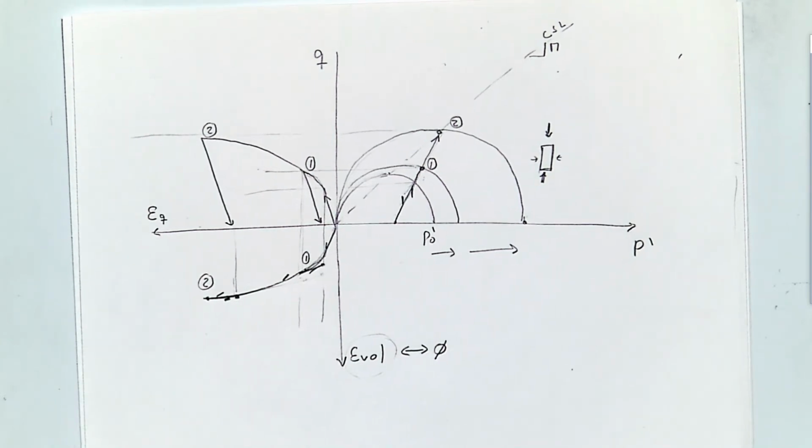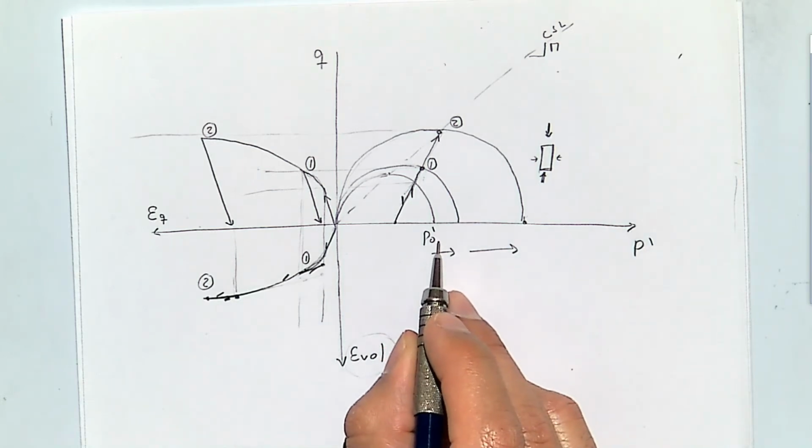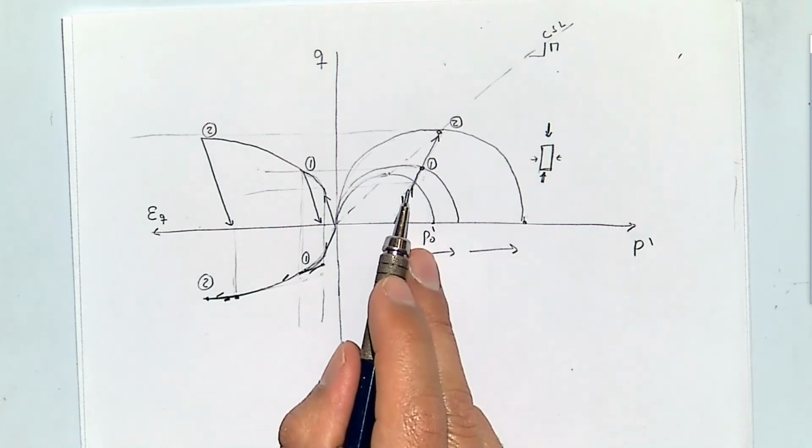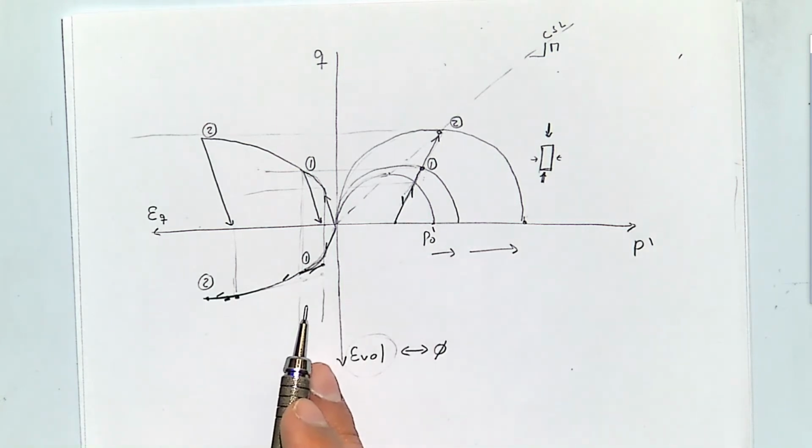Okay, the whole idea here is now how to relate. We know now that this value is a constant and depends on compaction.